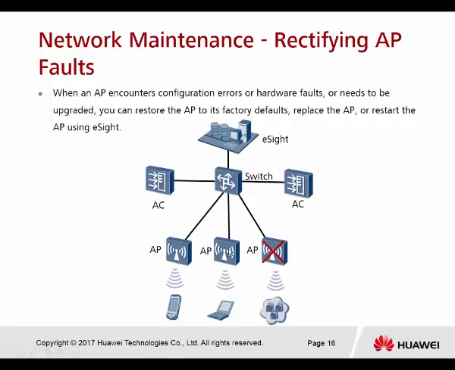So you don't need to telnet anymore. You just type the IP address in your browser, access eSight, and choose which AP we're going to reboot or restore to factory default. It's just one click, very easy.